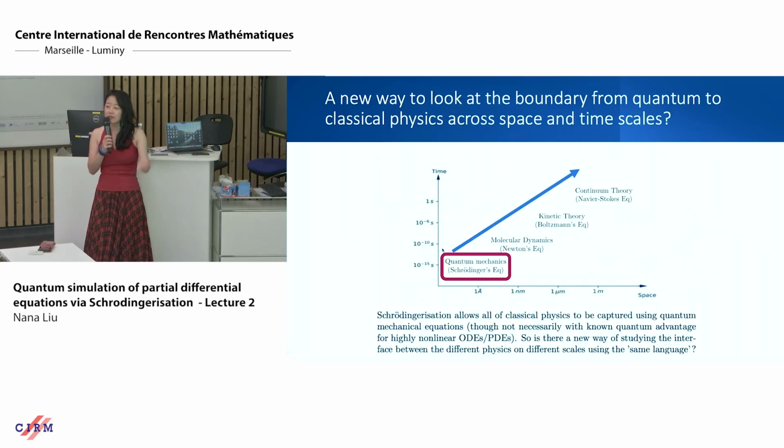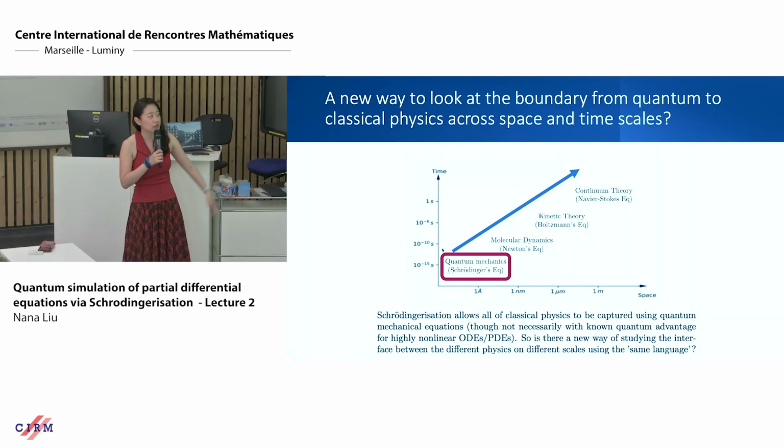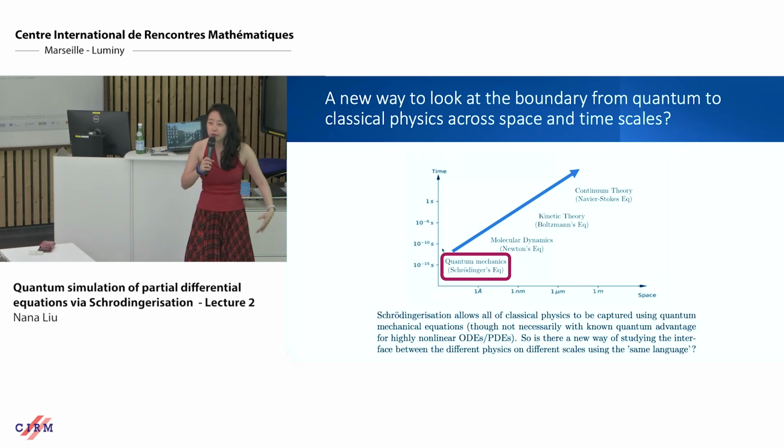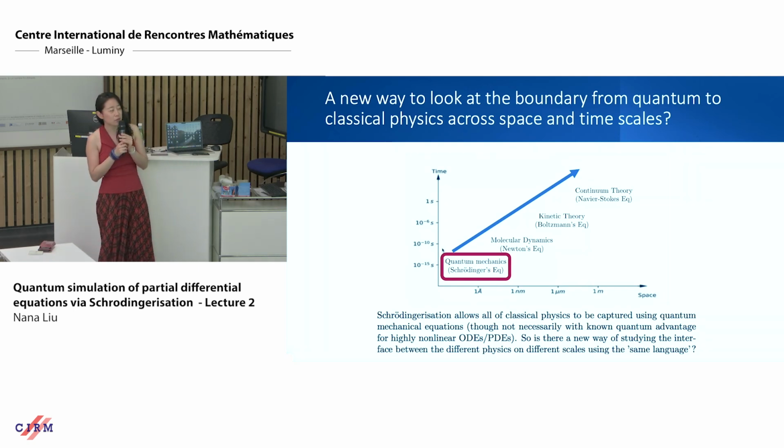And there's an even more philosophical point, which I mentioned at the beginning. All the classical PDEs that we want to solve derive from quantum mechanics, or at least in principle should be derived from quantum mechanics, if we believe in quantum mechanics, which is the best tested theory of all time, more or less.